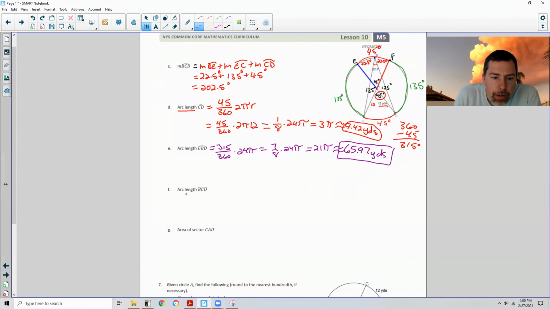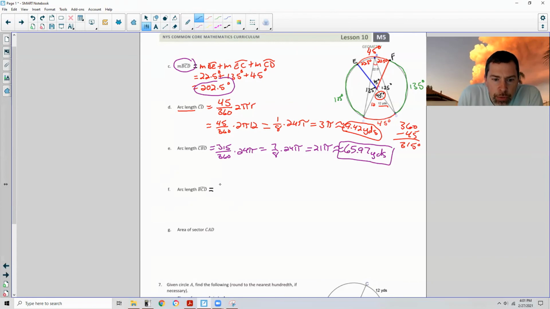All right. F, arc length BCD. B, all the way over to C, over to D. So that's 22.5 plus 135 plus 45. First thing I want to do is find my central angle. I'll do that right here. And it was 22.5 plus, so what is it, BCD? BCD, oh, it's right here. It's 202 degrees and a half, 202.5 degrees. So we've already found the information needed for the equation.